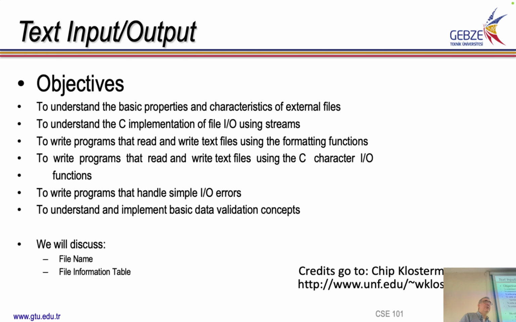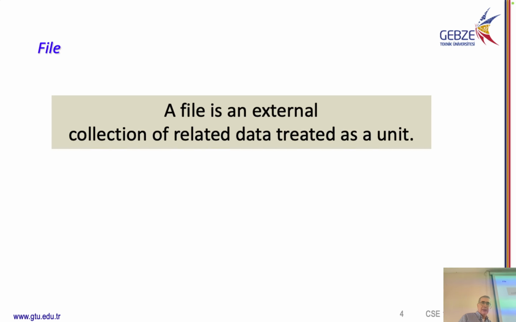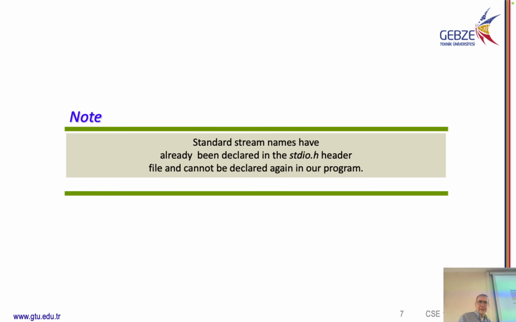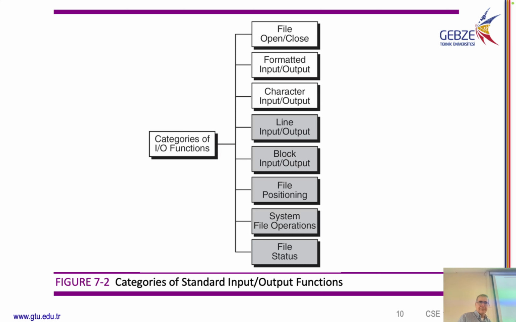You already know how to read and write from files and the parameters. So this was the stream that I was talking about last time. All devices were streams. The input-output is divided into multiple categories. Again, divide and conquer method. Subdivide the big problem into smaller problems so that you can understand each of them.